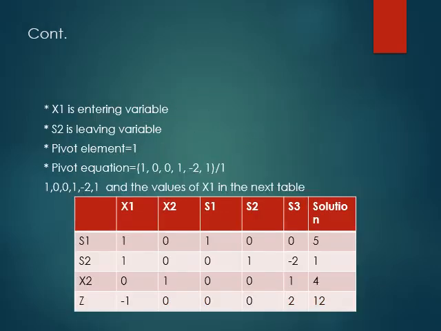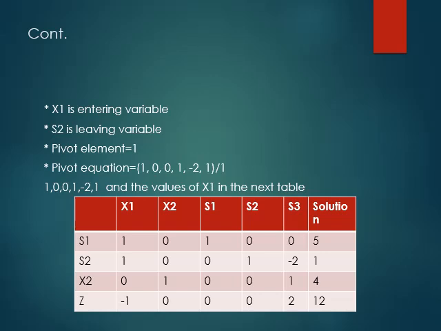The second table is given as, let's check that. x2 replaced s3, x1 is the new entering variable, s2 is the leaving variable, the pivot element is 1, pivot equation is 1 0 0 1 negative 2 1, and this will be the values of x1 in the next table.